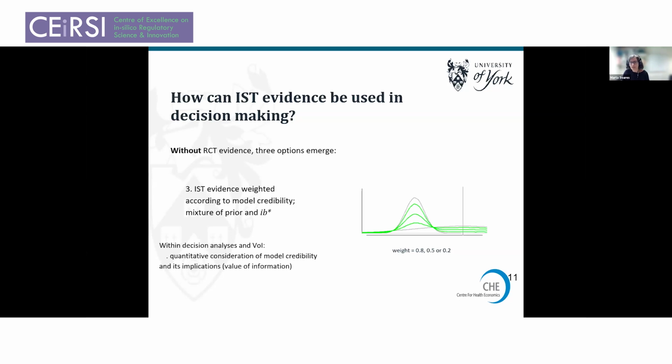So by increasingly weighting the IST evidence in relation to the vague prior, you can produce different descriptions of your uncertainty over your clinical value. In this way, you can moderate the influence of the in-silico trial in informing that description of the value and uncertainty over the value of your technology.